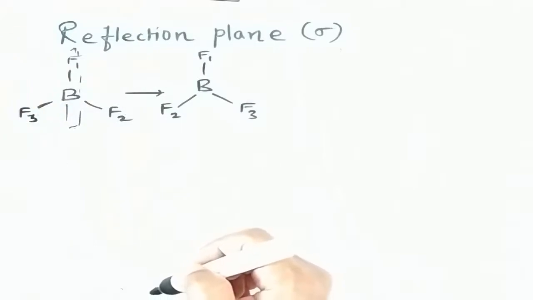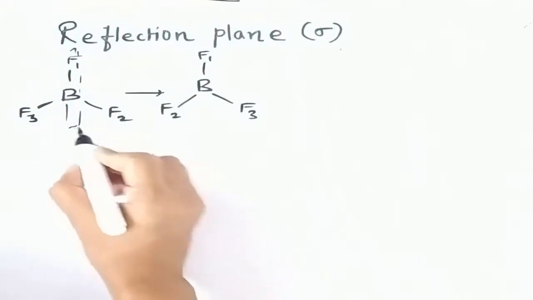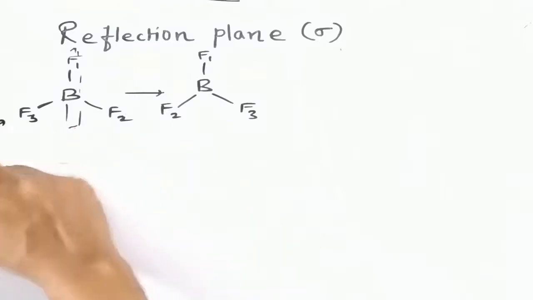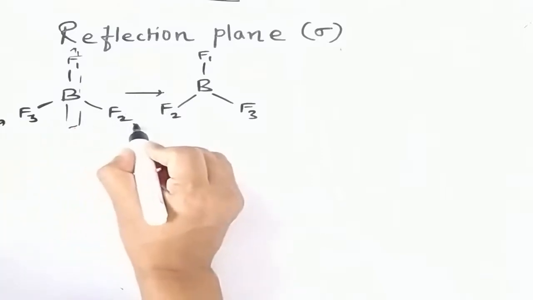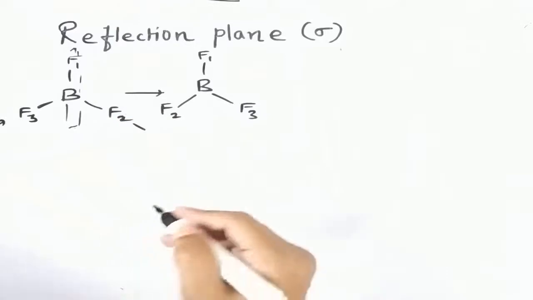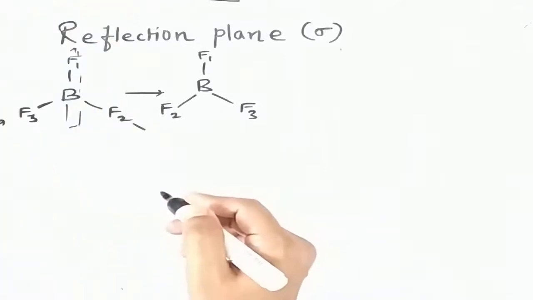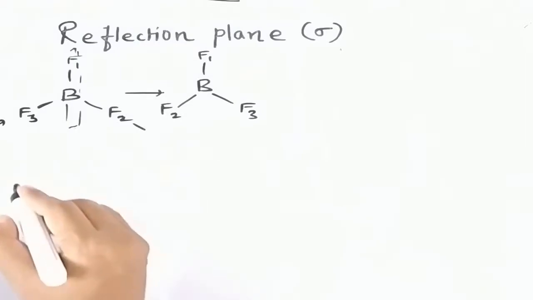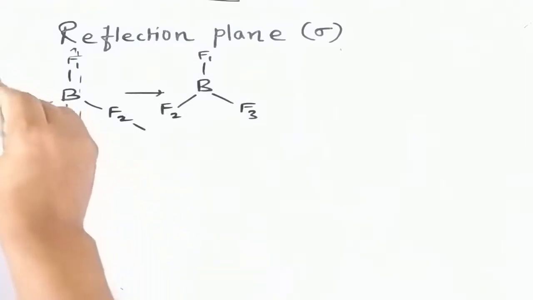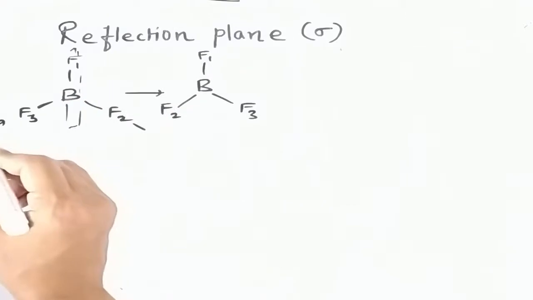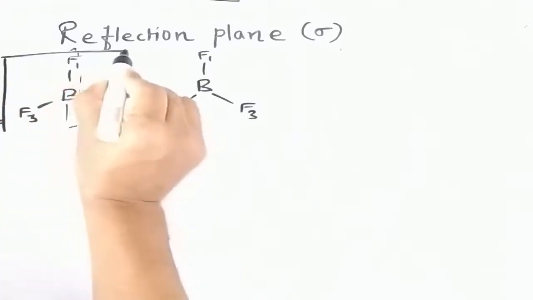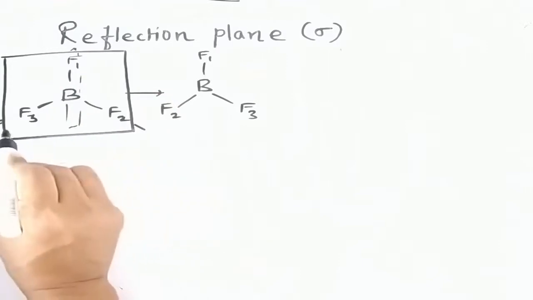So as such, how many planes are there? There are 3 planes, each passing along F1, F2 and F3 in this way. Now there is one more plane, like we have seen in the water molecule, the plane which was passing through all the atoms, called the plane of symmetry.